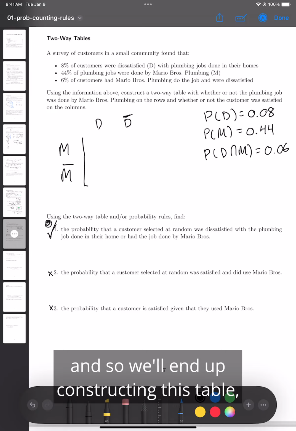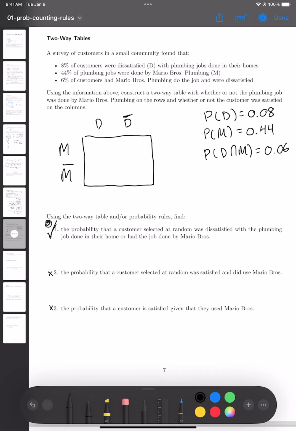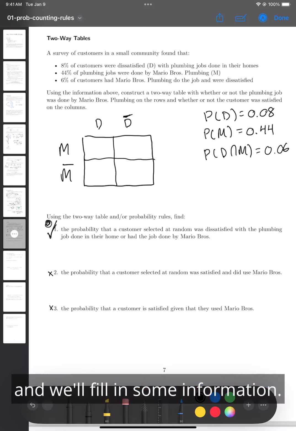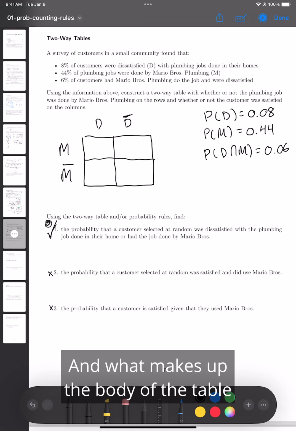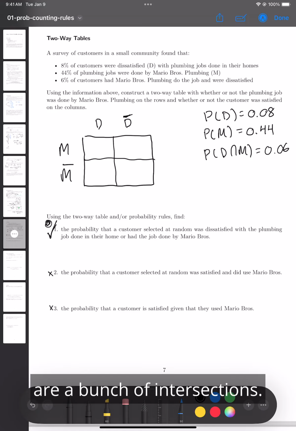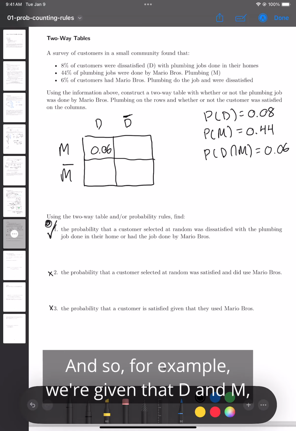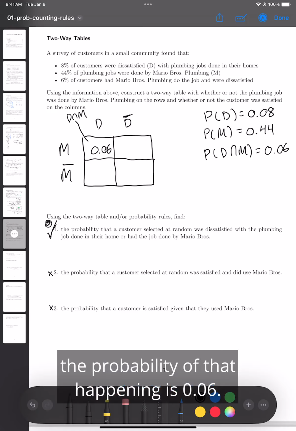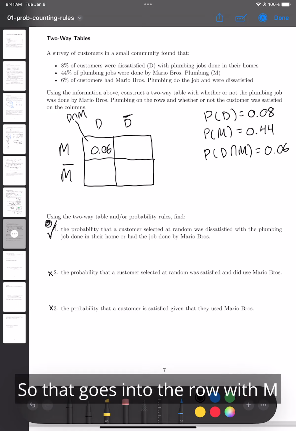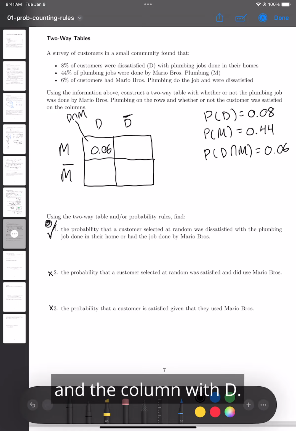And so we'll end up constructing this table, and we'll fill in some information. What makes up the body of the table are a bunch of intersections. For example, we're given that D and M, the probability of that happening is 0.06. So that goes into the row with M and the column with D.